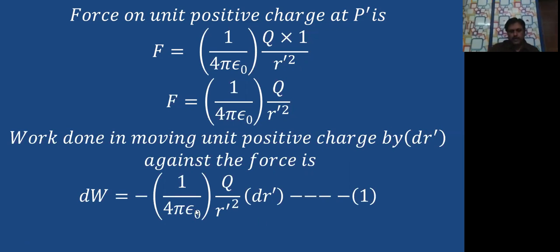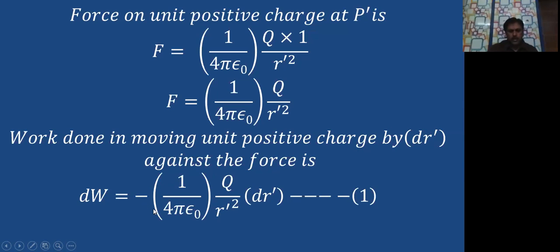Let me explain this, children. Give me a moment. You remember the work done formula in your first year intermediate? Work done is negative if you are moving against the force. So I got a negative sign. So I have justified why I got negative. That is the first point.